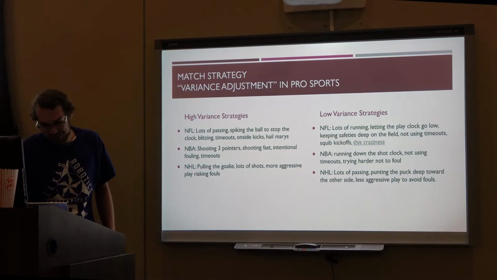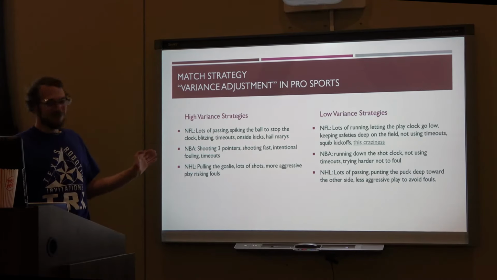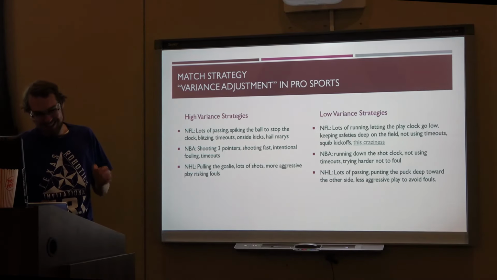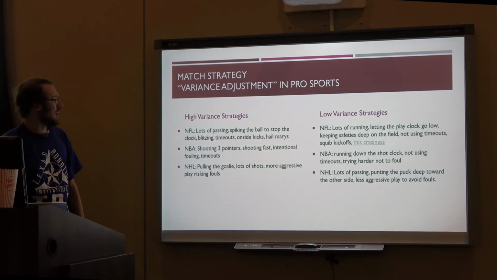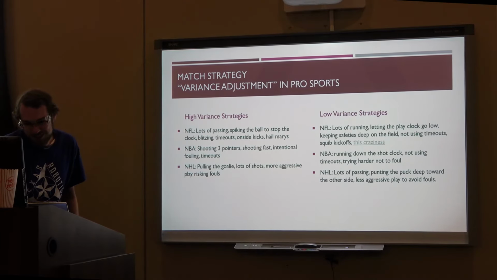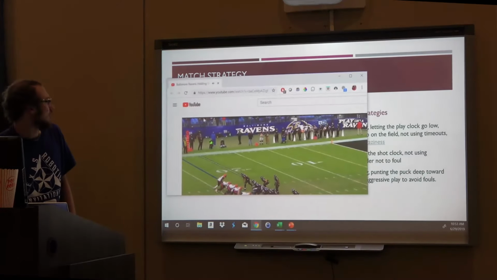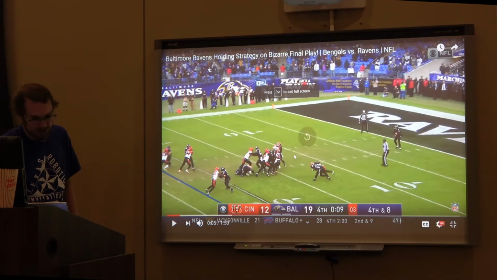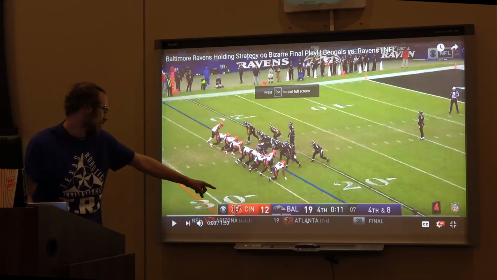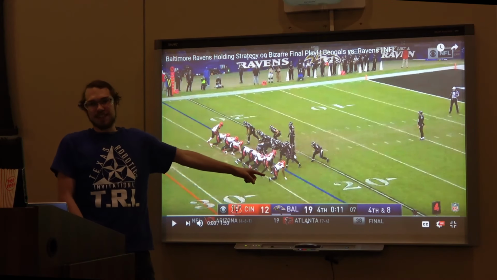I'm going to watch this because I just love this so much, and it's such a great example of a low variance strategy. We'll see if I can pull it up. Let's just watch this and then you can see what happens. Let me put some context here. There's just 11 seconds left in the game.